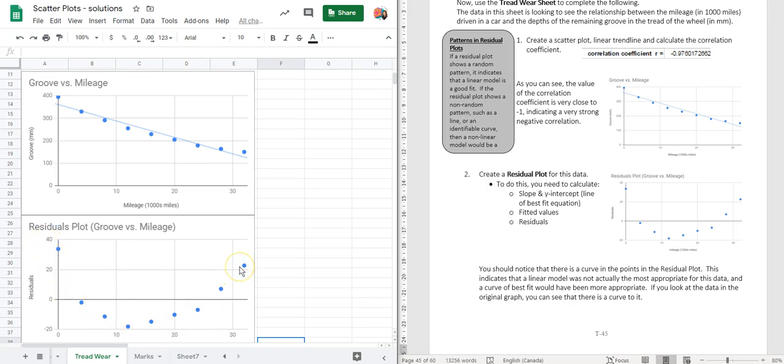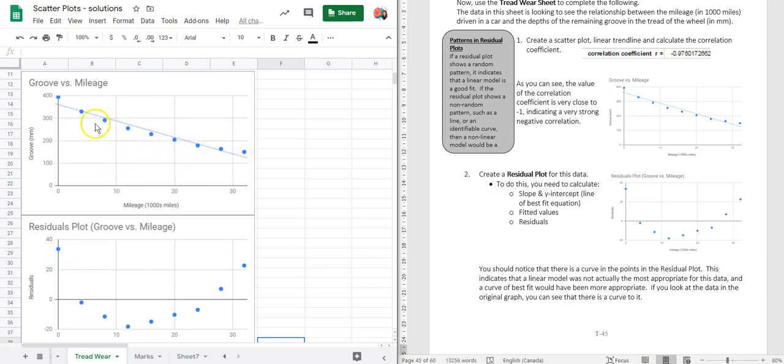Now when you look at a residual plot, if you see a distinct curve in the residual plot, that gives you an indication that a line of best fit was not the best trend line to use for this data. You're not in this course responsible for doing anything other than a linear trend line, but this just gives you an idea that sometimes a linear trend line isn't the best.